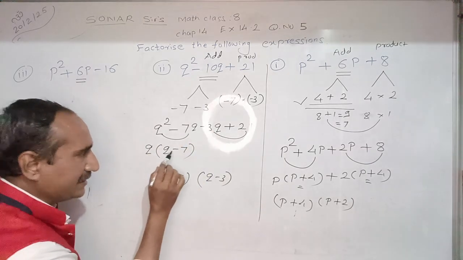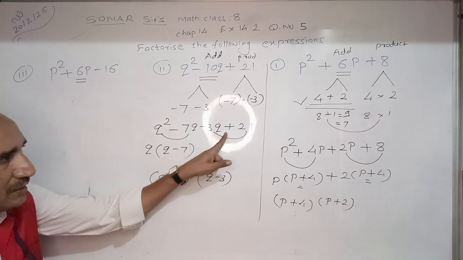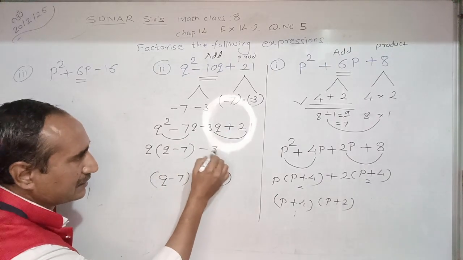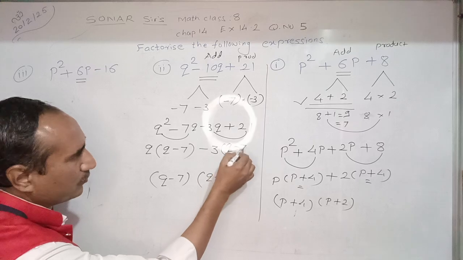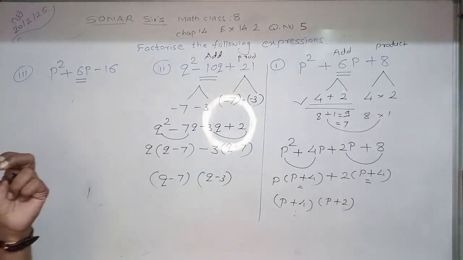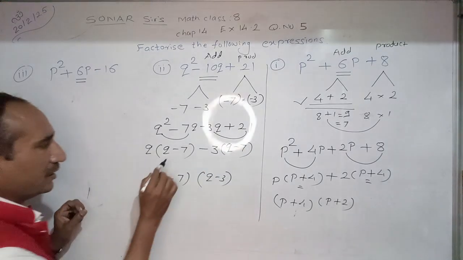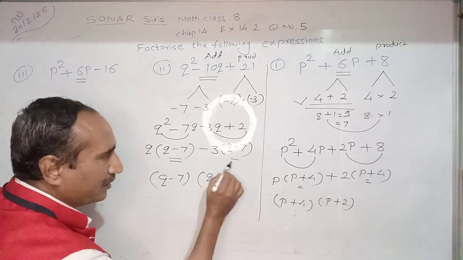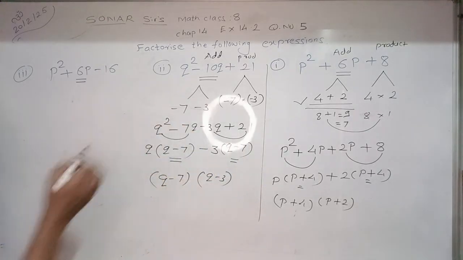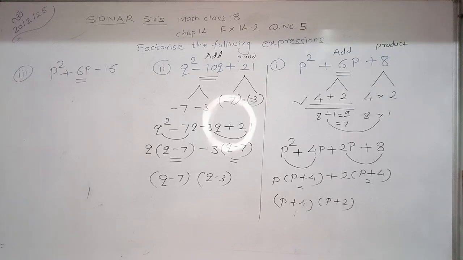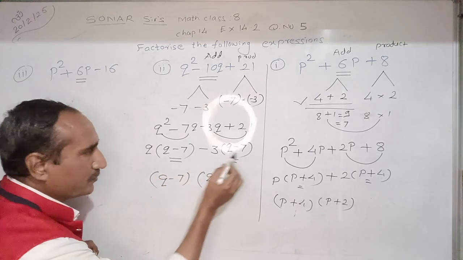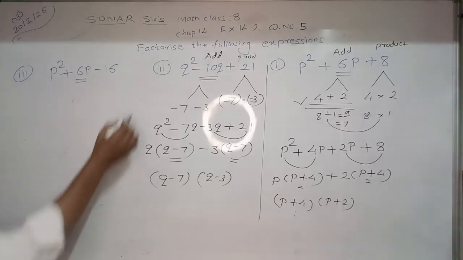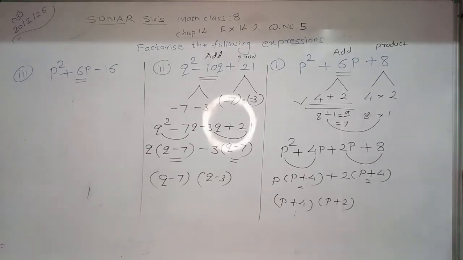Here, as this one has a minus sign, the sign is different, so we can take minus 3 common, so minus 3 into q minus 7. We have to remember always that whatever bracket with sign appears here, according to that only we have to take the sign outside. Now if we take this q minus 7 outside, then in the bracket q minus 3, so q minus 7 and q minus 3 are the factors.